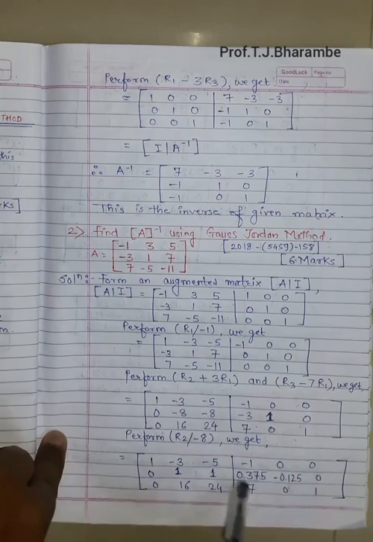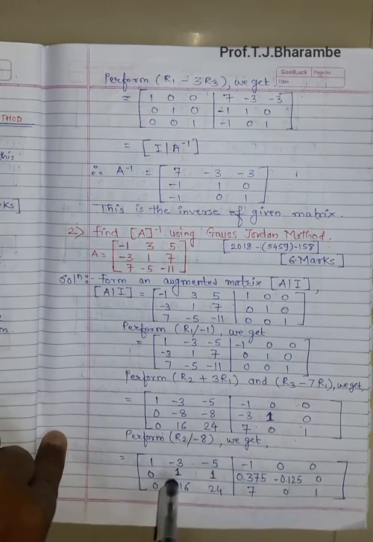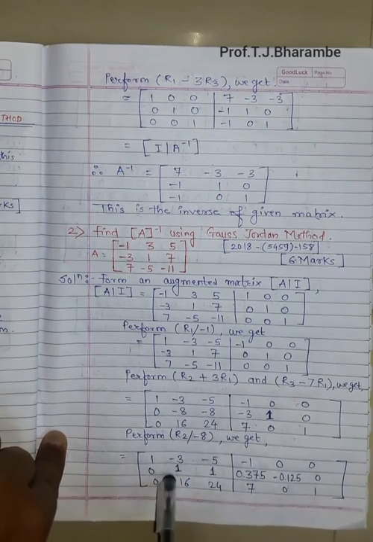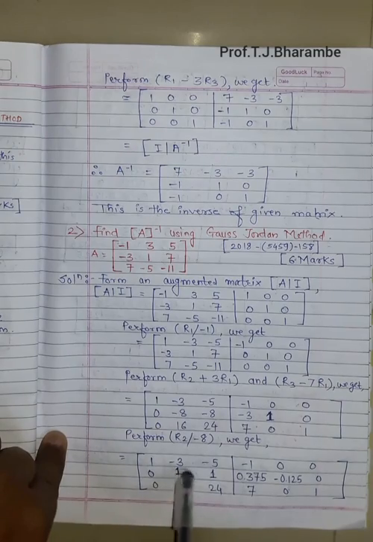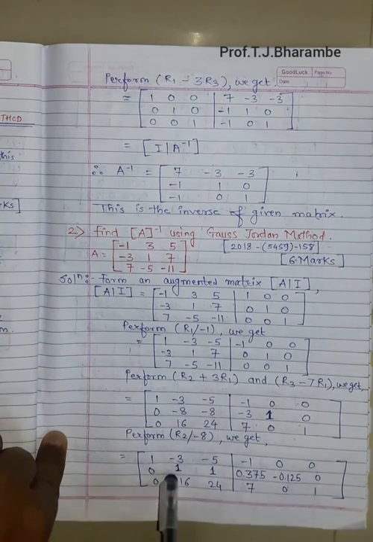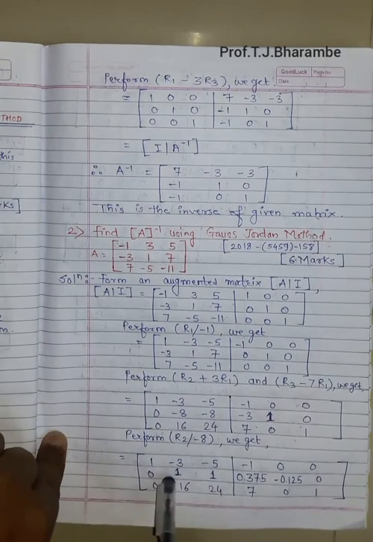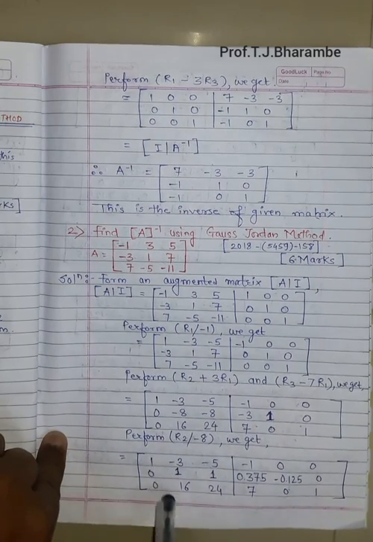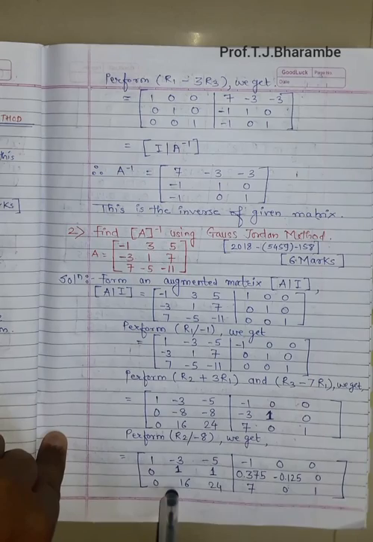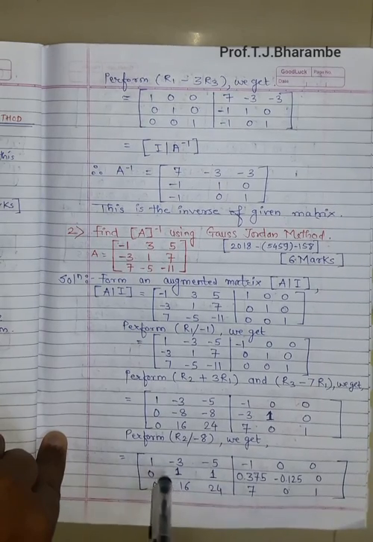So we have reduced this diagonal element to 1. Now with the help of this diagonal element, we are going to make this -3 to 0 and this 16 to 0.